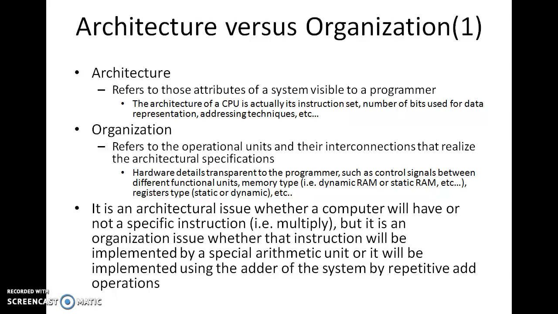Organization refers to operational units and their interconnections. The simplest question is, how do you multiply? You can multiply by repetitively adding the same number. Like if I say 3 times 4, you can get 12 directly, or add 3 four times, and you will get the answer as 12. So it's an organizational issue whether I should multiply by repeated addition or have a multiply instruction.